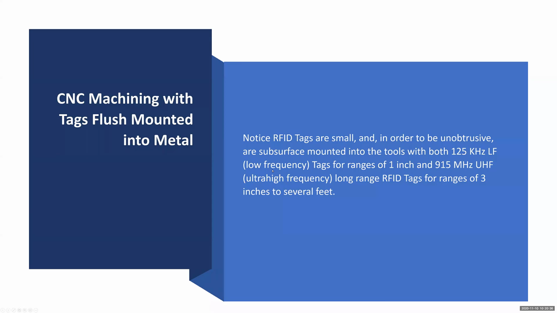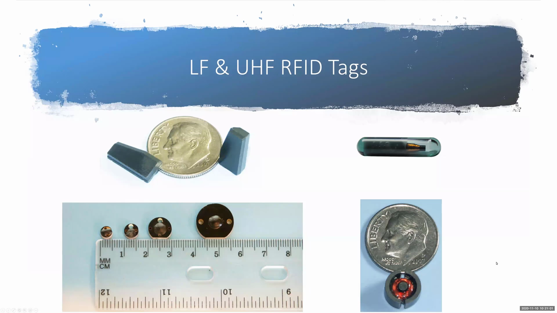The RFID tags are typically very small, and they're surface mounted or subsurface mounted. Read ranges vary from short, almost contact to an inch, or up to several inches, or even feet if we use UHF metal mountable embeddable tags. These are some of the examples of the tags that we're utilizing for both low frequency and ultra high frequency for this specific application.